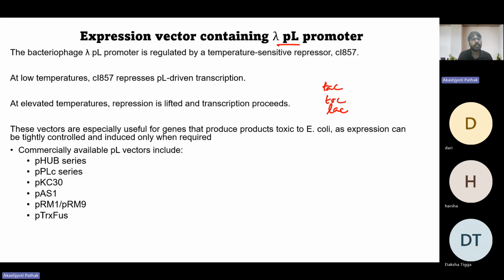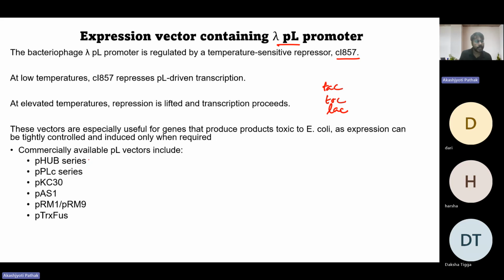This lambda PL promoter is basically a bacteriophage promoter, and it is regulated by a temperature sensitive repressor, CI857. At low temperatures, CI857 represses PL driven transcription. At elevated temperature, repression is lifted and transcription proceeds.